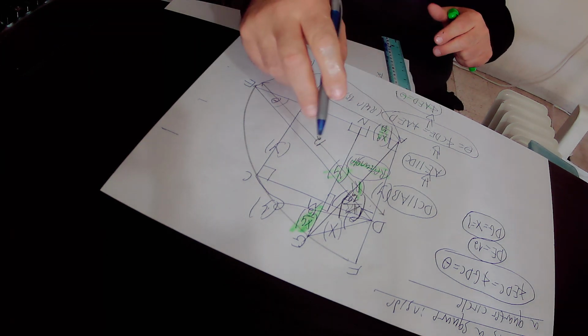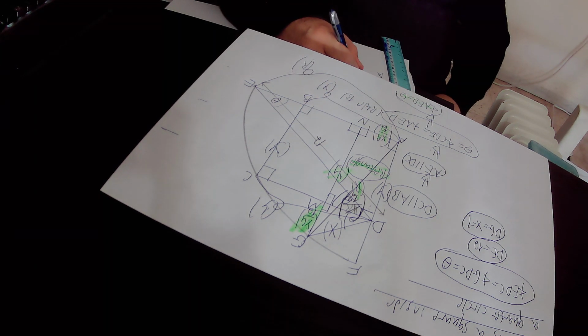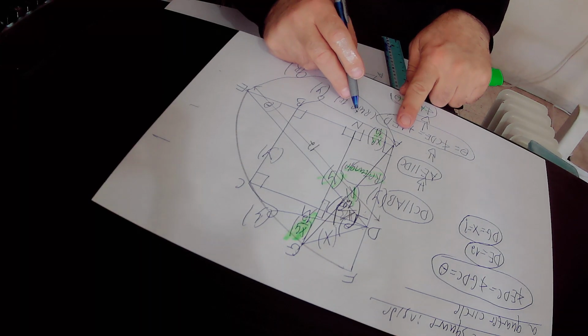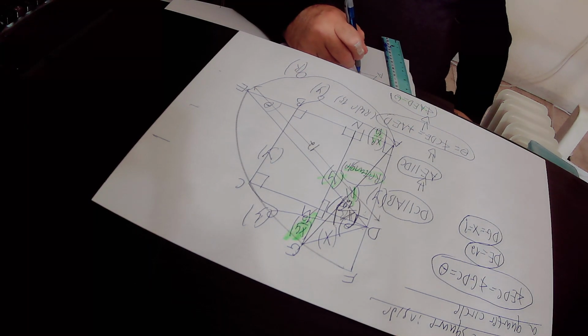The hypotenuse AG equals R. We have already found out that side AN equals XR over 12.